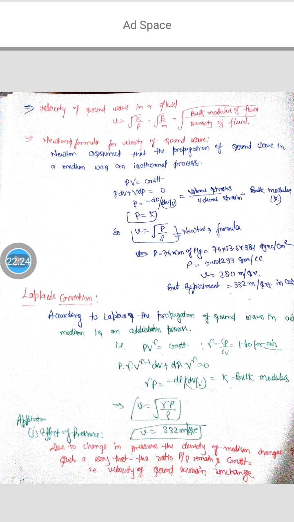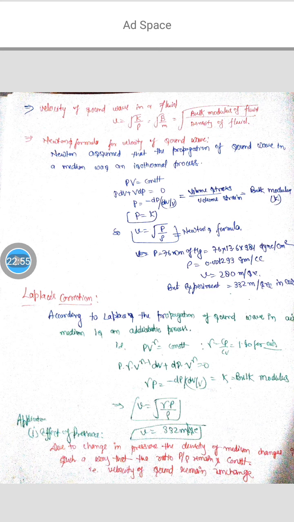We are going to find the velocity of a longitudinal wave like sound in a medium, in air. The velocity of a longitudinal wave is equal to root of K over rho, that is, the square root of the bulk modulus of the fluid over the density of the fluid. Liquid and gas are known as fluids.